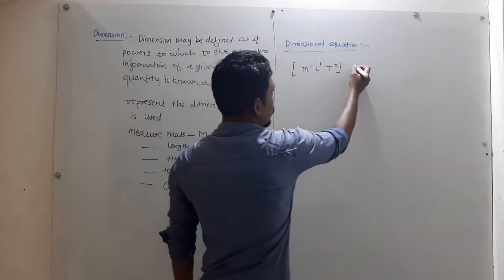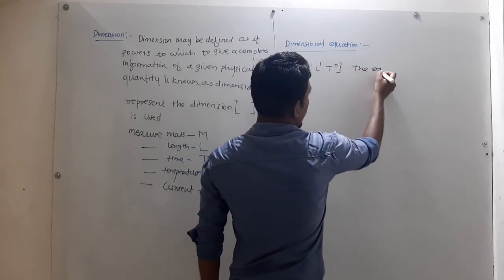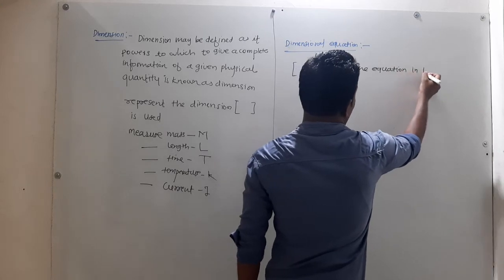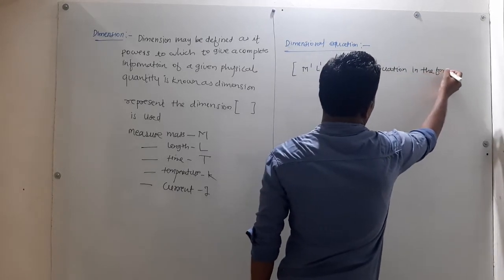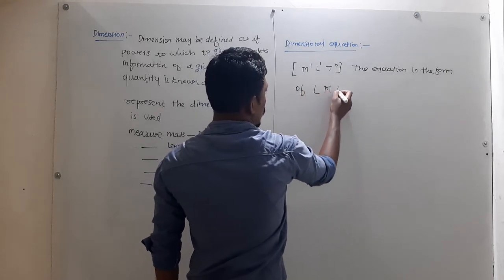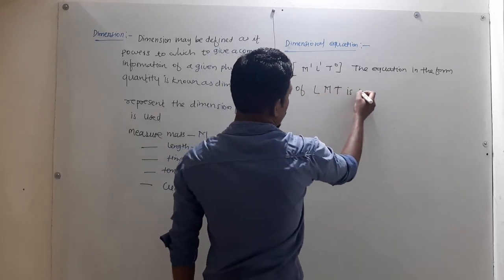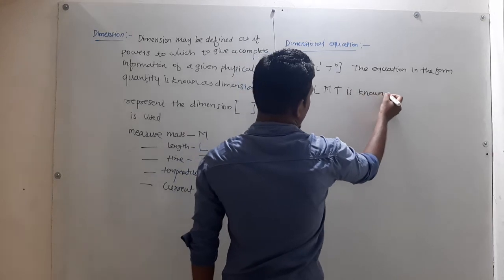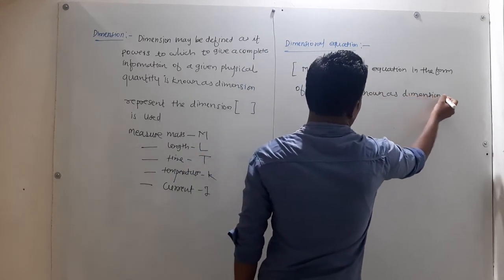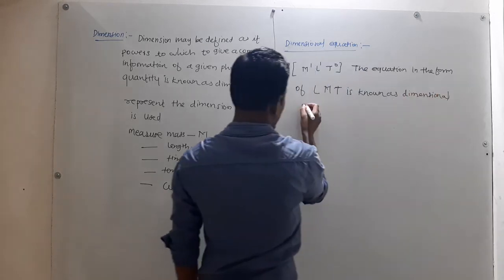The equation in the form of LMT is known as the dimensional equation.